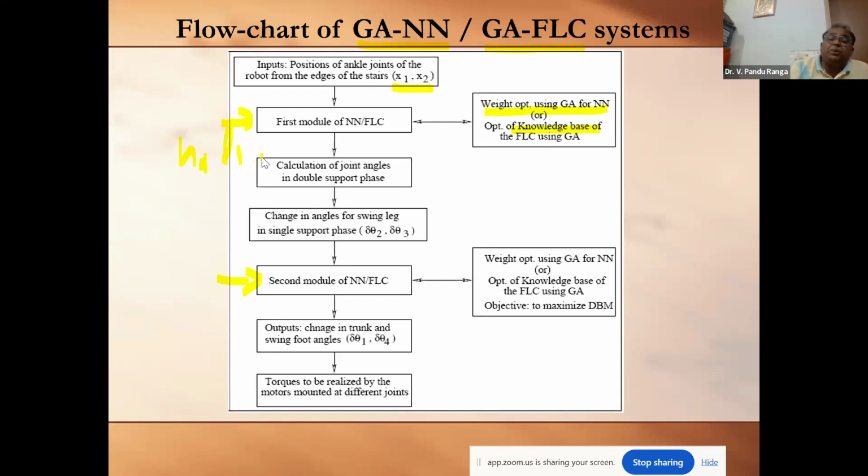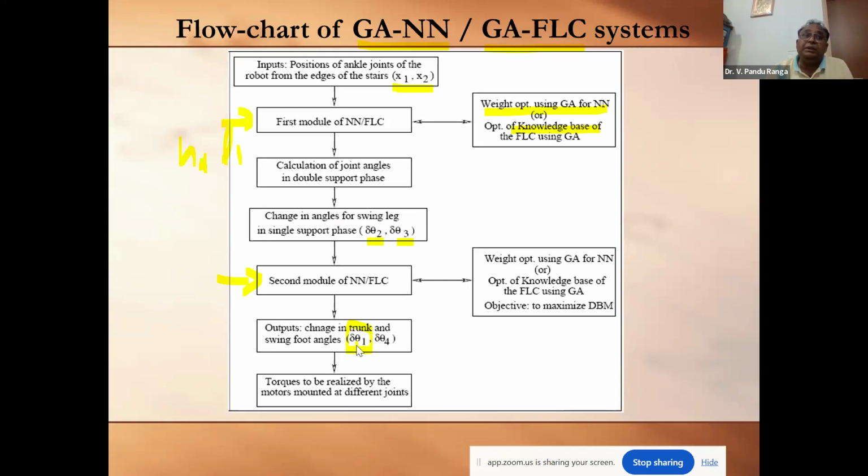With the help of H1 and L1, as I already mentioned, we will calculate theta 2, theta 3, theta 5, theta 6. From that we calculate delta theta 2 and delta theta 3. Earlier delta theta 1 was assumed to be 0, but in this case we have to use either the semi-inverse method or the inverse dynamics method to calculate two unknowns.